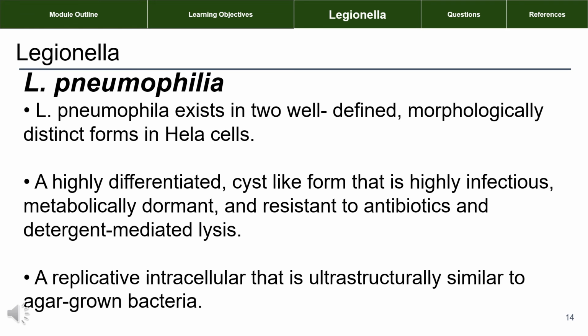Legionella pneumophila exists in two well-defined, morphologically distinct forms in HeLa cells. First, a highly differentiated cyst-like form that is highly infectious. It is metabolically dormant and is resistant to antibiotics and detergent-mediated lysis. Another is a replicative intracellular form that is ultrastructurally similar to agar-grown bacteria.